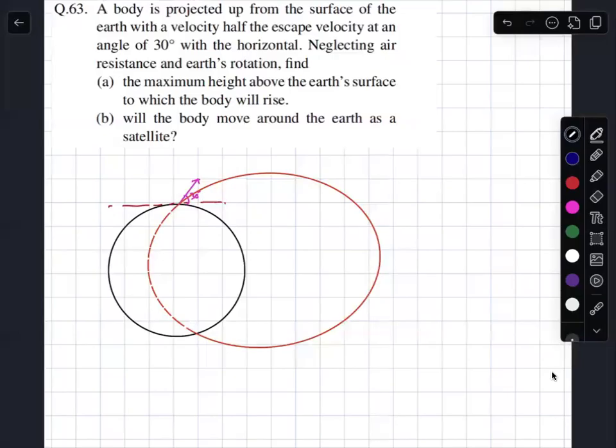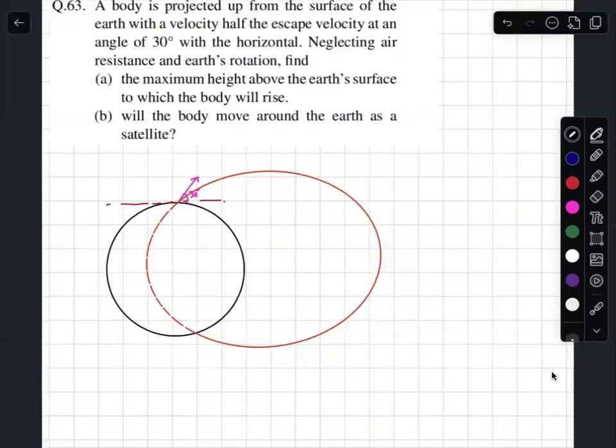The dotted line represents the assumed path for an ellipse. My intention is very clear here, I want to give you the feel of the ellipse. And this is the ellipse major axis, and that is the maximum distance.